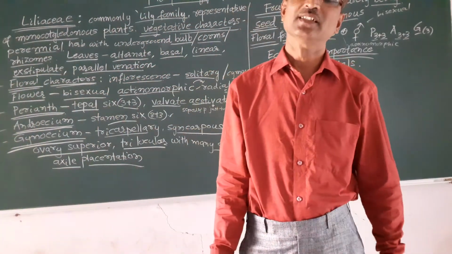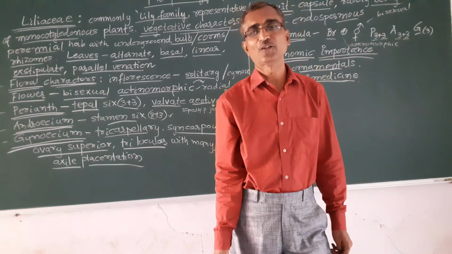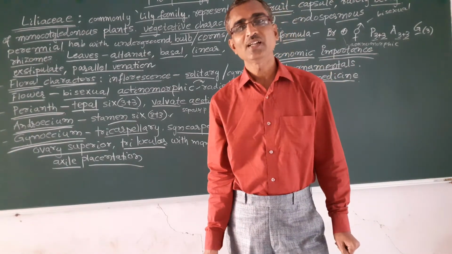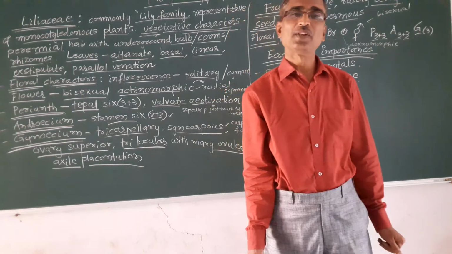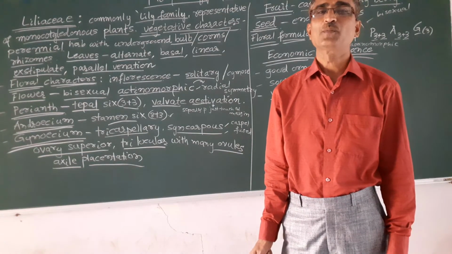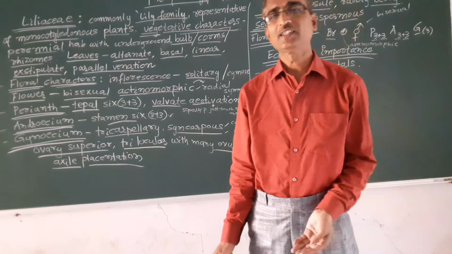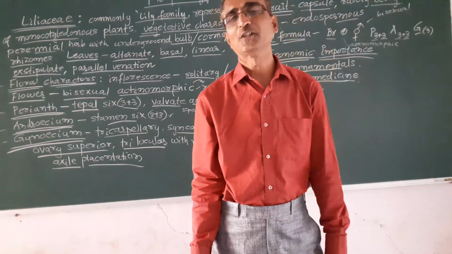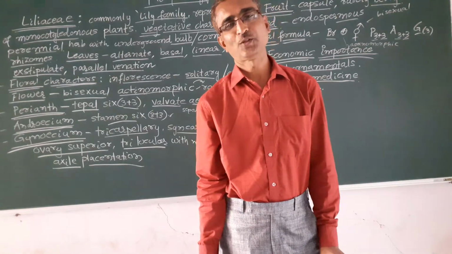Morphology is the study of external features of the plant, that is, how they look. The plant has two parts: the one above the ground is known as the shoot system, and the part below the ground is known as the root system.